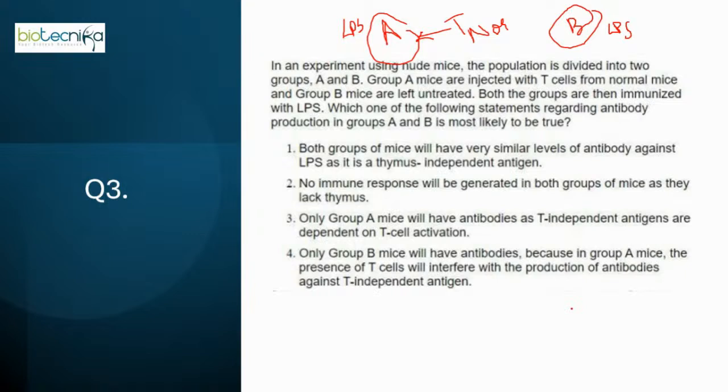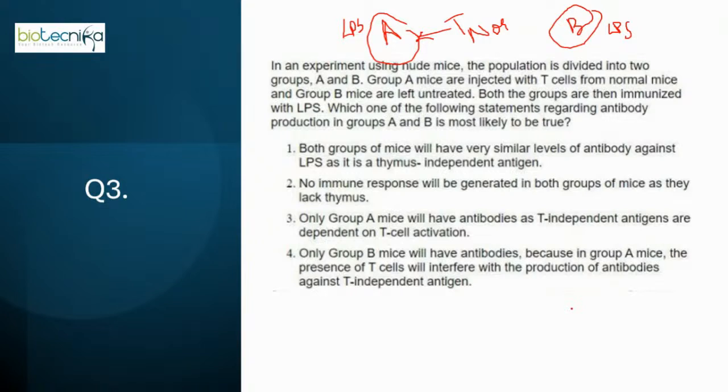Okay, see, basically a thymus independent antigen is one immunogen which can stimulate your B cell to synthesize antibodies. And in this case, you don't need the participation of T cells. These antigens are much less complex than thymus dependent antigens.